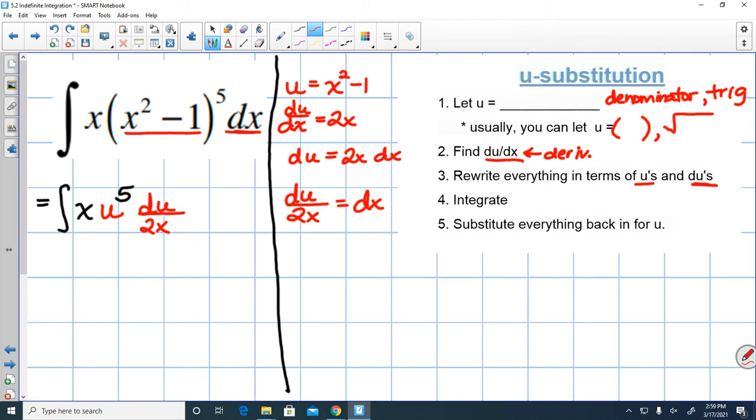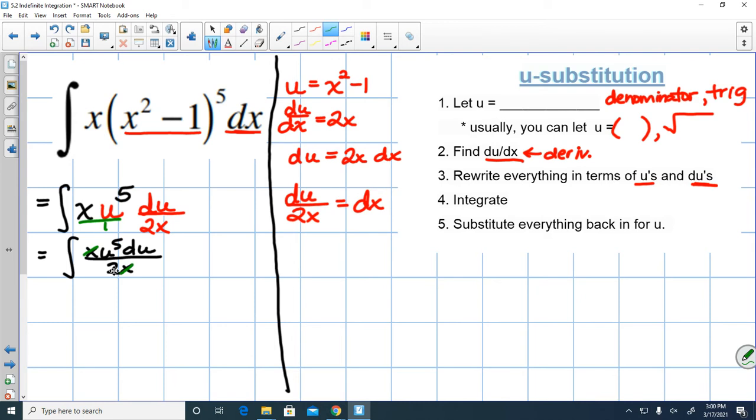But if you notice, I have an x here and a 2x in the denominator. This would be like having all this over 1. So if I were to multiply it all out, this would be the integral of x u to the 5th du over 2x, and the x's cancel.